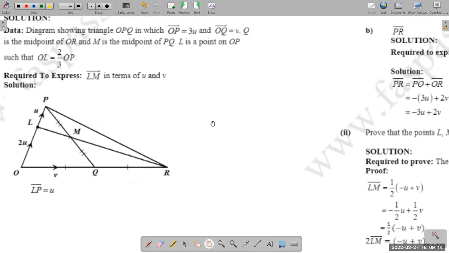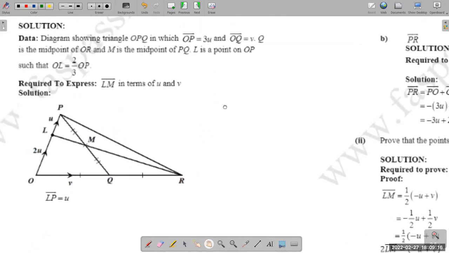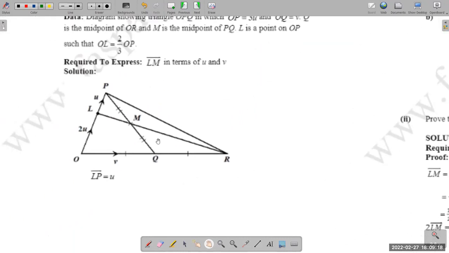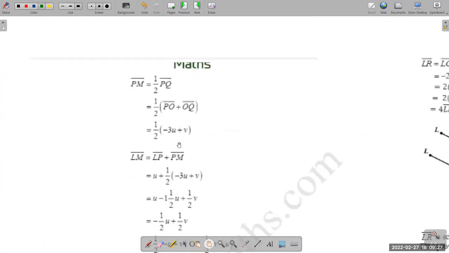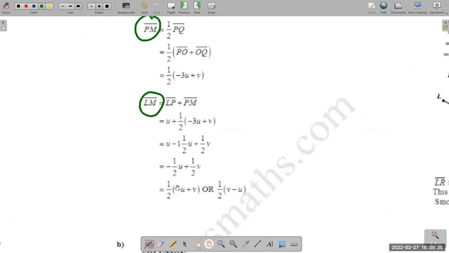The same thing I was just saying. We cannot just jump and find LQ. We have to figure out an equation for PQ, sorry. We need to find an equation for PQ. So guess what we have to do based on what we've learned all the time? To do our triangular laws to find it. I just wanted to show you guys before we start doing it without it. Everybody understand what I'm saying?